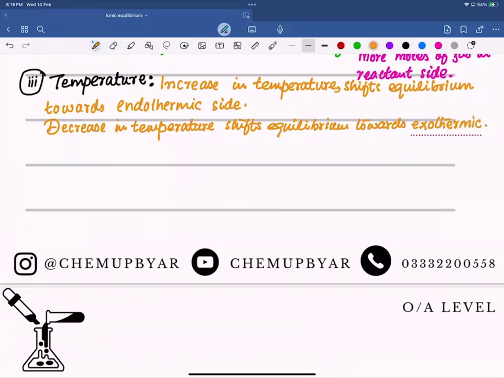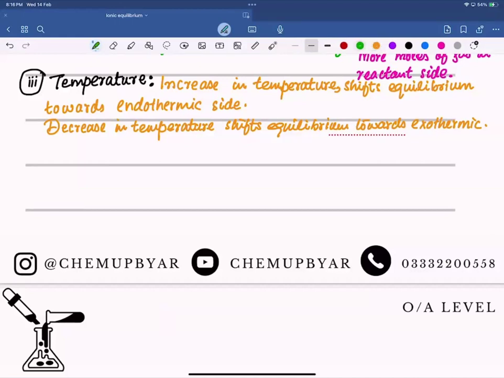So we have to minimize this change. It means we need more energy. So equilibrium shifts in a direction which is exothermic, and as a result, energy would be released until the equilibrium is restored again. Is this clear to all of you?